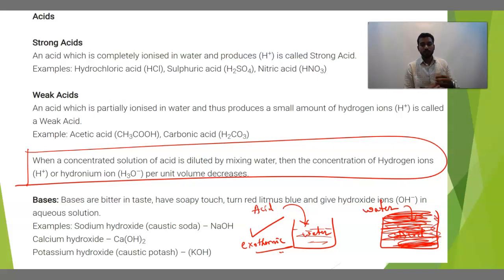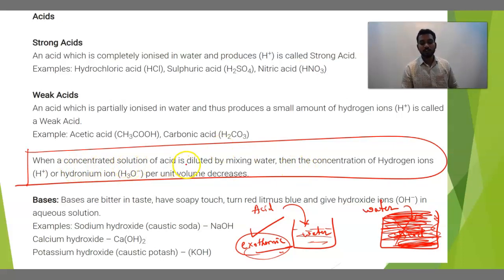Due to this it may splash and cause damage to your hand or face. Understood? Adding acid to water is safer compared to this. So always we should add acid to water, not water to acid.